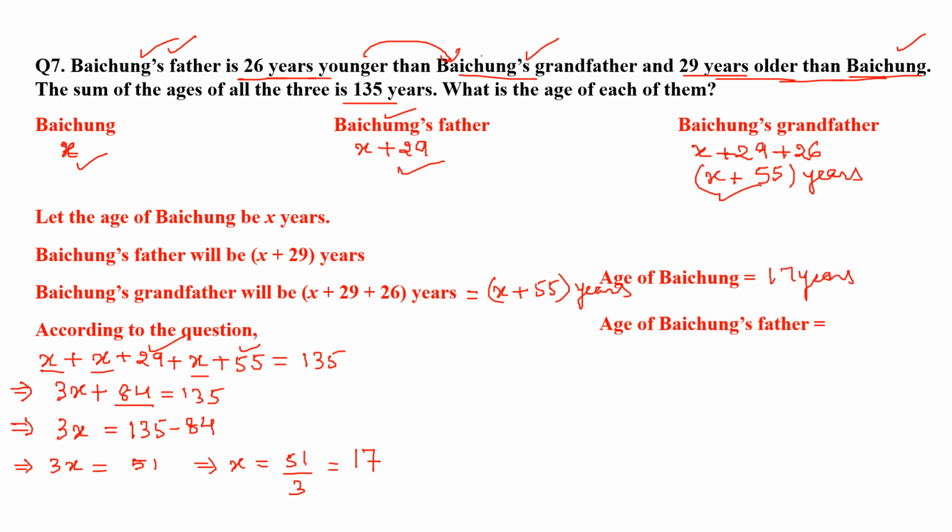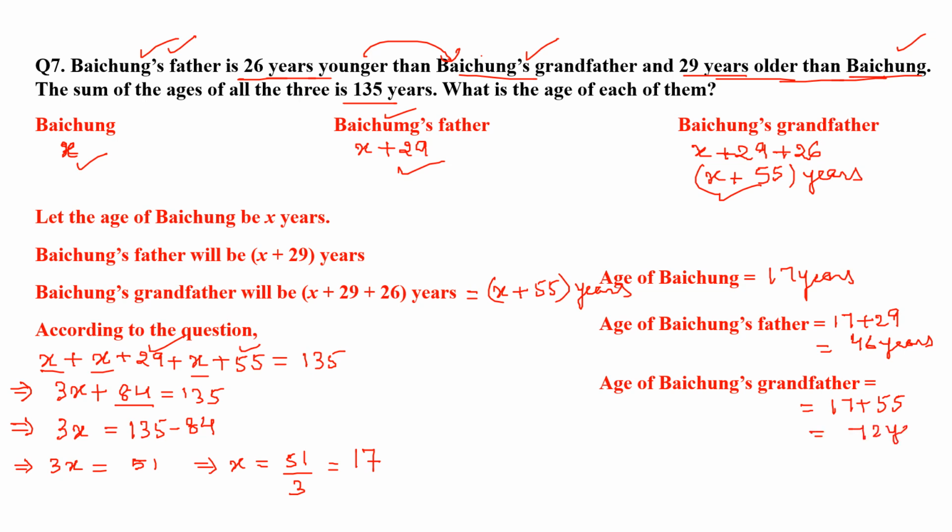Bachung's father's age is 17 plus 29, because it is x plus 29, which will give me 46 years. And Bachung's grandfather's age is x plus 55, 17 plus 55, so from here I will get 72 years.